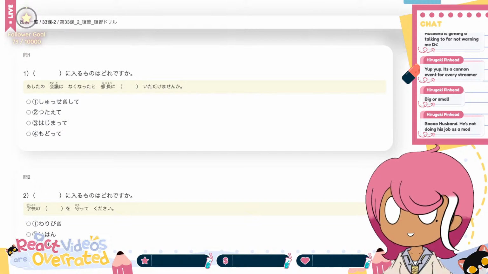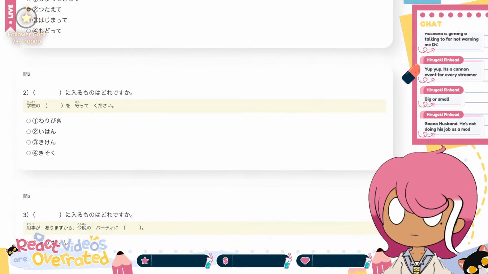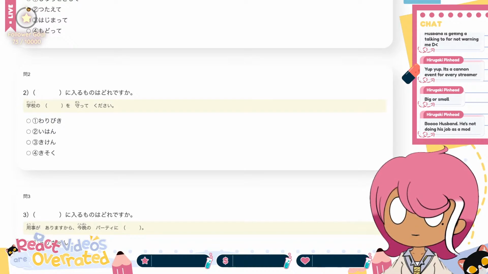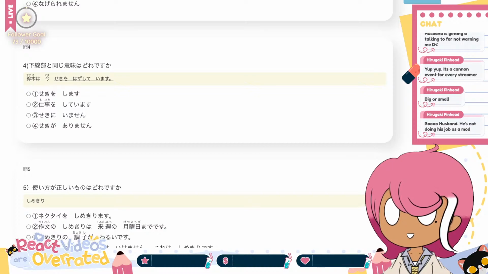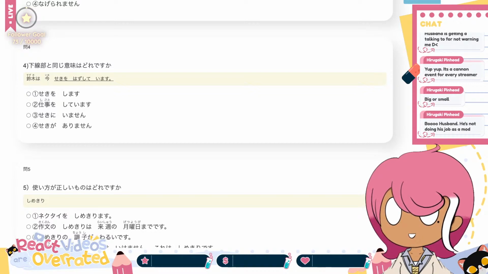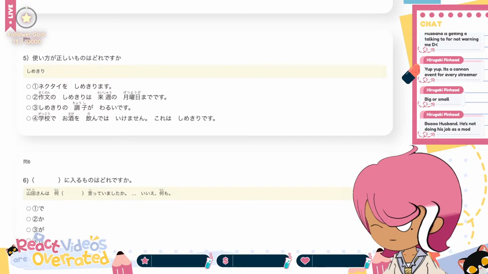明日の会議はなくなったと部長に伝えてくださいませんか？学校の規則。行事がありますから、今晩パーティーに出席できません。鈴木さんは今、席を外しています。席にいません。締め切り。What was 締め切り again?